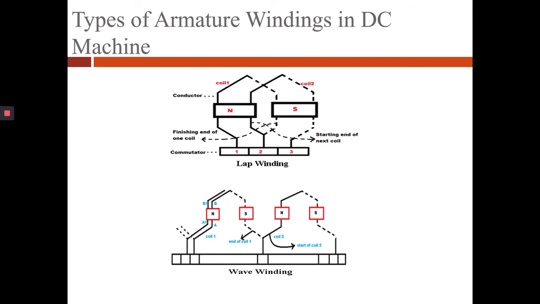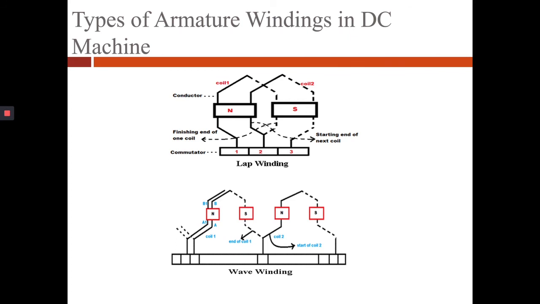What is meant by armature reaction? In a DC machine, two kinds of magnetic fluxes are present, armature flux and main field flux. The effect of armature flux on the main field flux is called as armature reaction. If a load is connected to the terminal of the DC machine, a current will flow in its armature windings.